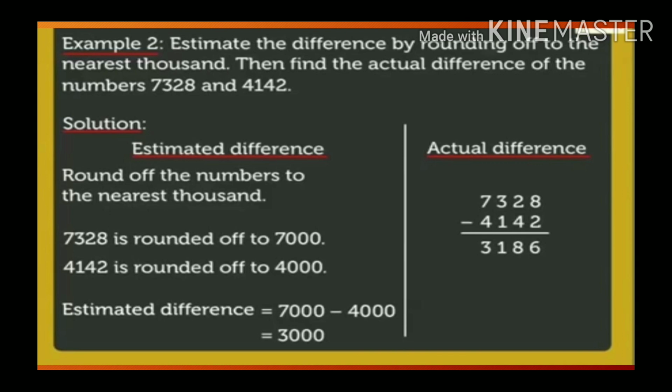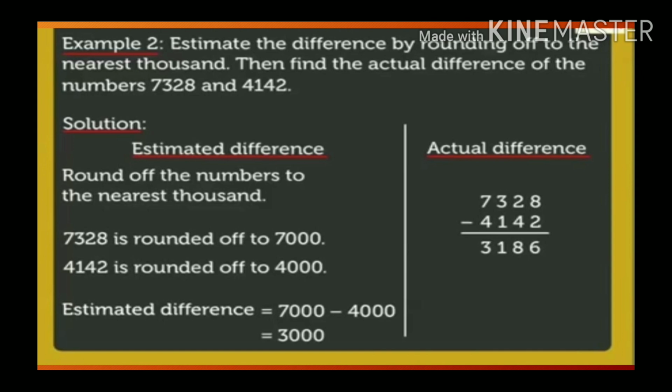Solution. First, round off the numbers to the nearest 1000. 7328 is rounded off to 7000, because here the hundreds place is 3, which is less than 5.